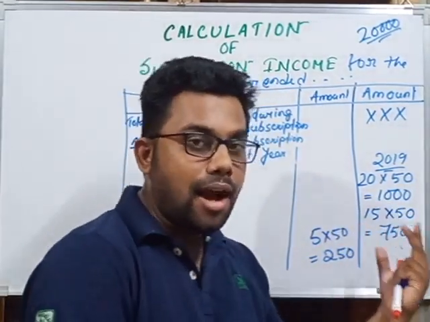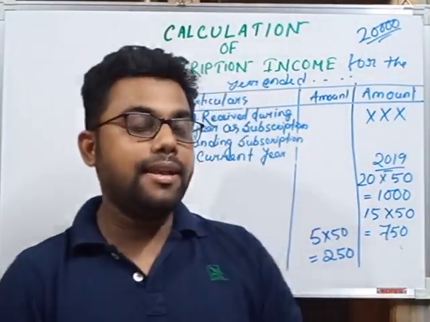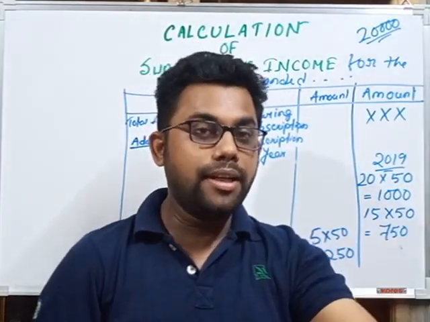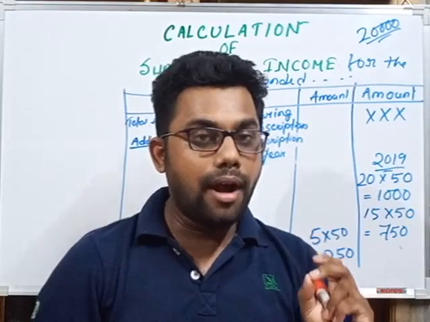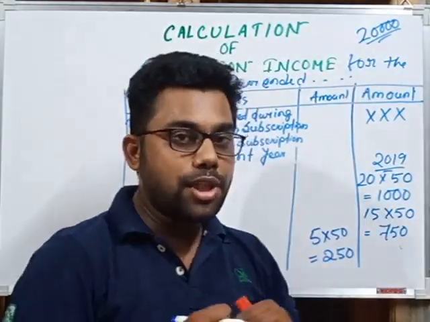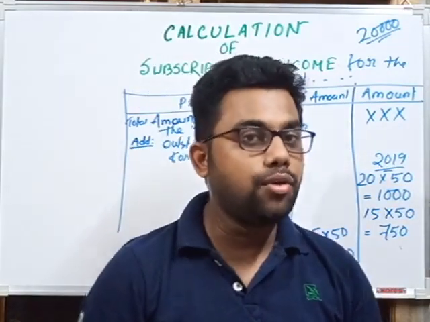Okay, as it is outstanding for the current year, that means in the next year we are going to receive it. But the amount received in the next year is income not for the next year but for the current year. So subscription outstanding at the end of the current year we have to add.